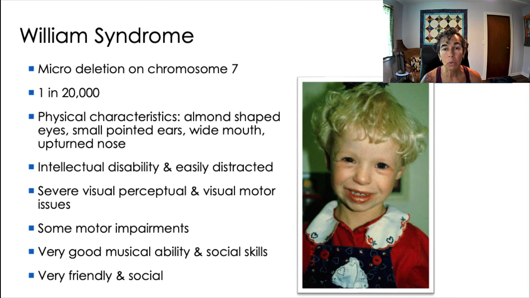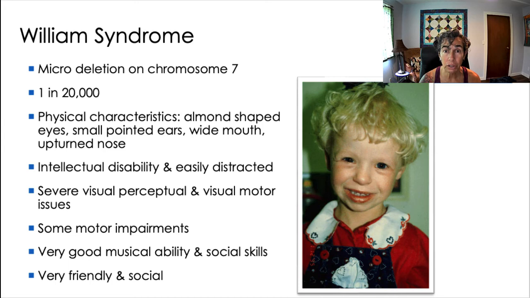Next up, Williams syndrome. This is a microdeletion on chromosome 7, 1 in 20,000. Physical characteristics, again, these almond-shaped eyes, small pointed ears, kind of elfin, a wide mouth, and an upturned nose. There's intellectual disability, and these children are very easily distracted.